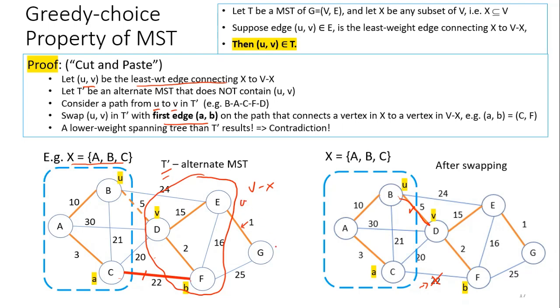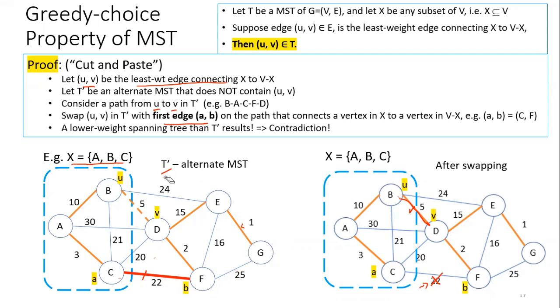And so this would be U, and this would be V. And so presumably the path between U and V would be this particular path, and this is the edge which would be replaced with this edge. Does that make sense?